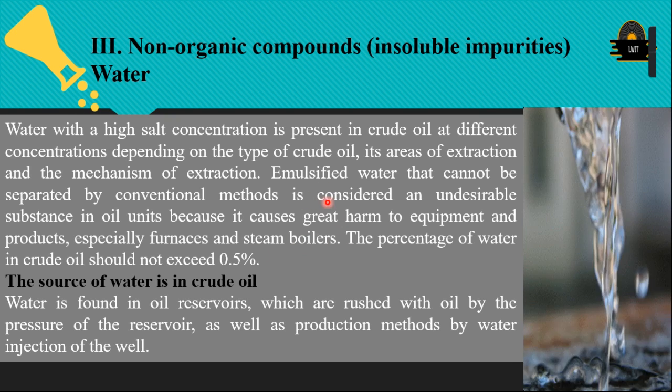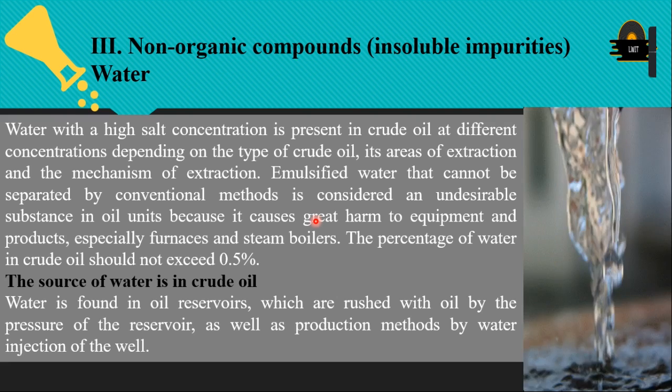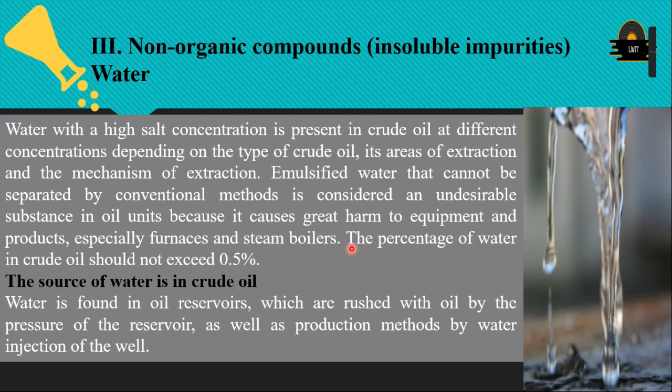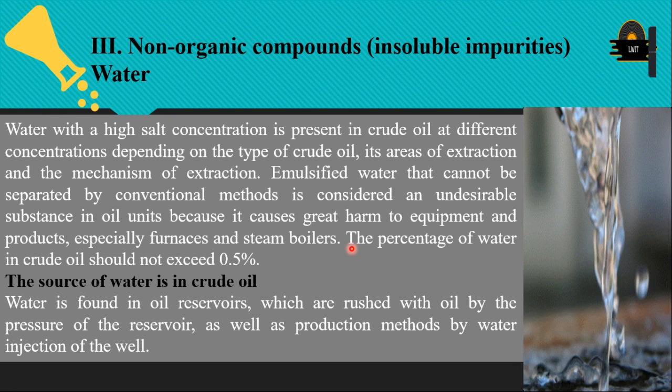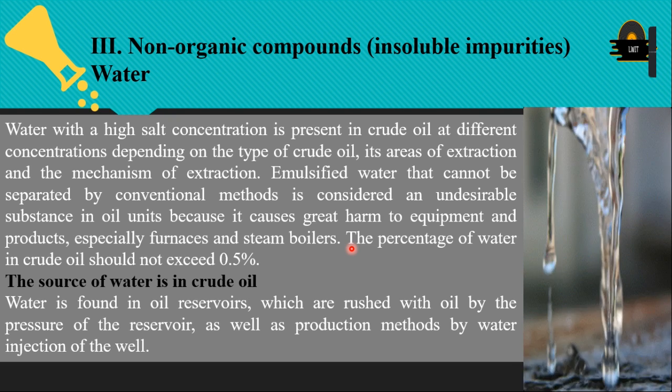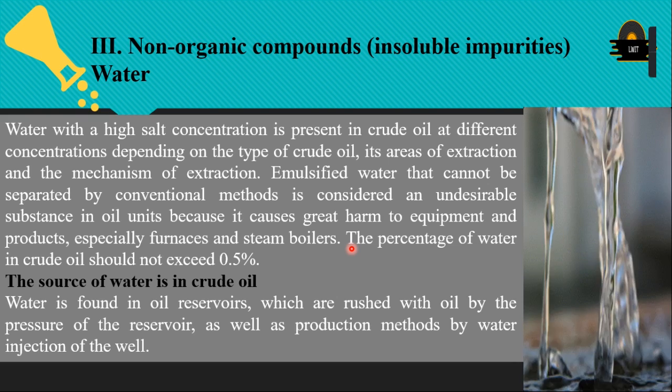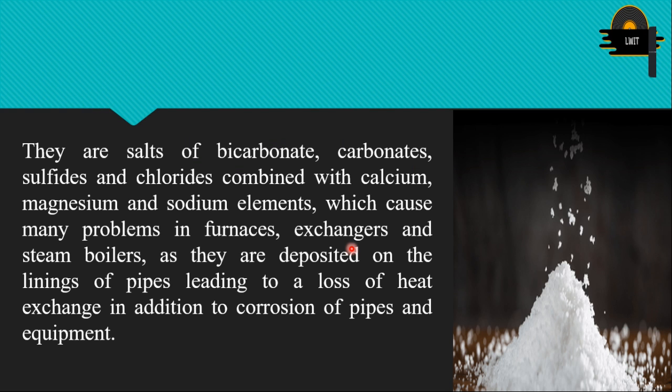So the percentage of water in crude oil should not exceed 0.5 percent. The source of water in crude oil, we can find it in the oil reservoir, which reaches the well with the oil by the pressure of the reservoir, as well as by the production method of water injection of the well.